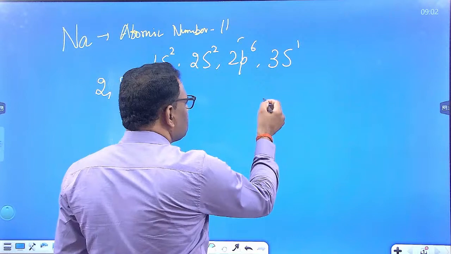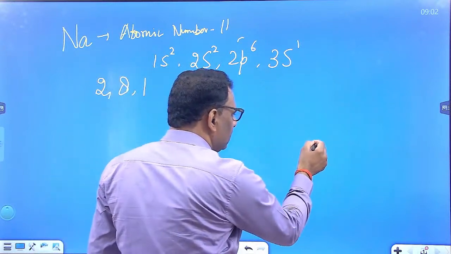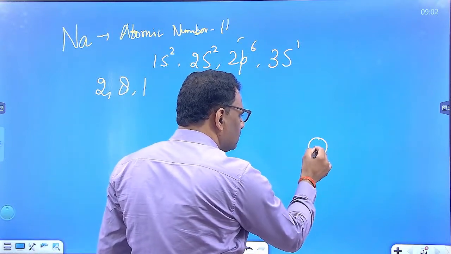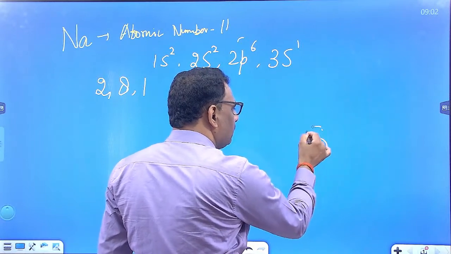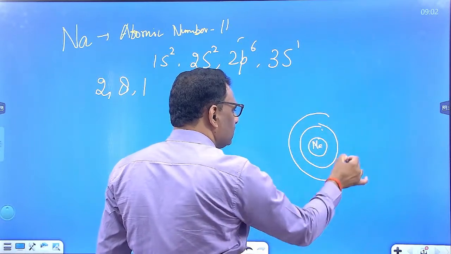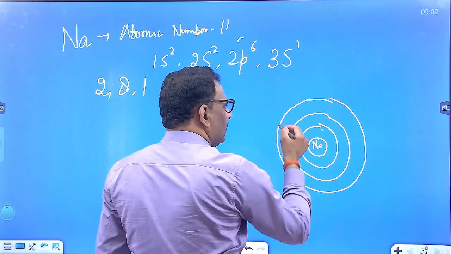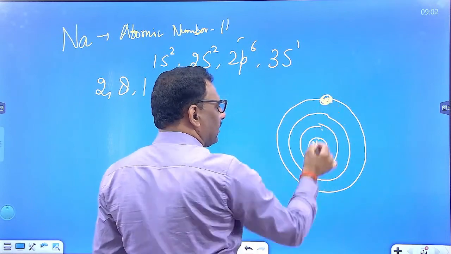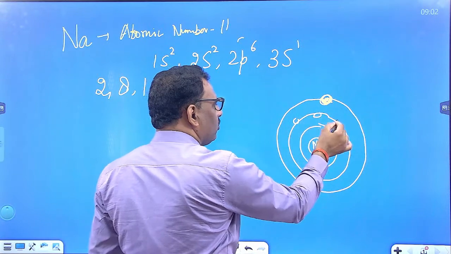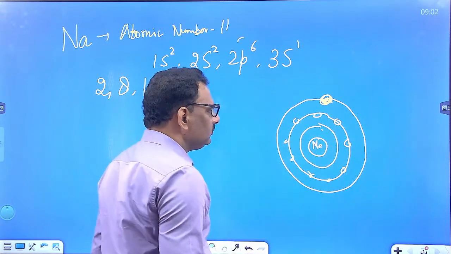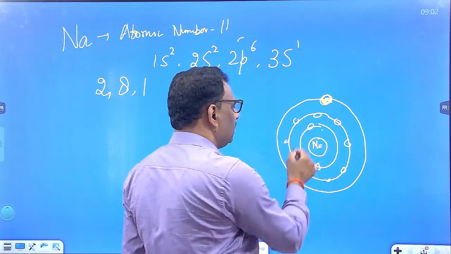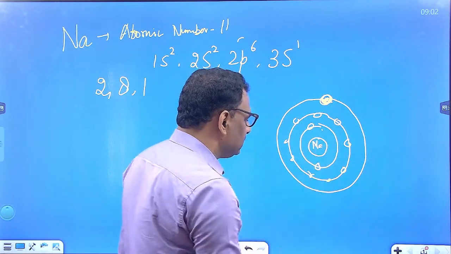If you make a diagram, this is your sodium, this is the nucleus, and we have 3 orbits. In the outermost orbit you have only 1 electron. We have 2 electrons in the first orbit.